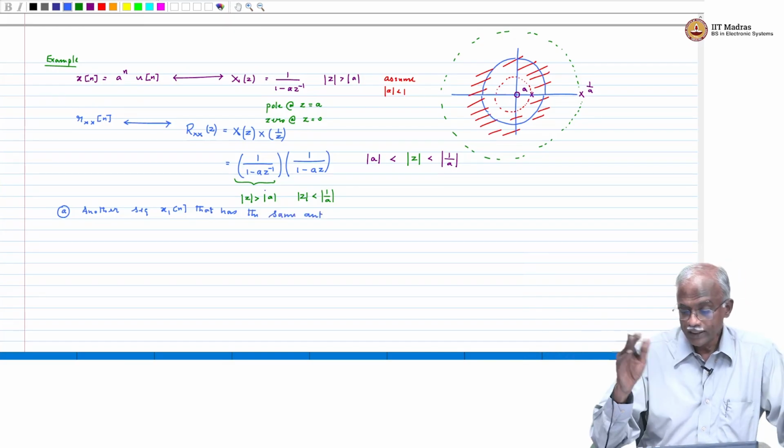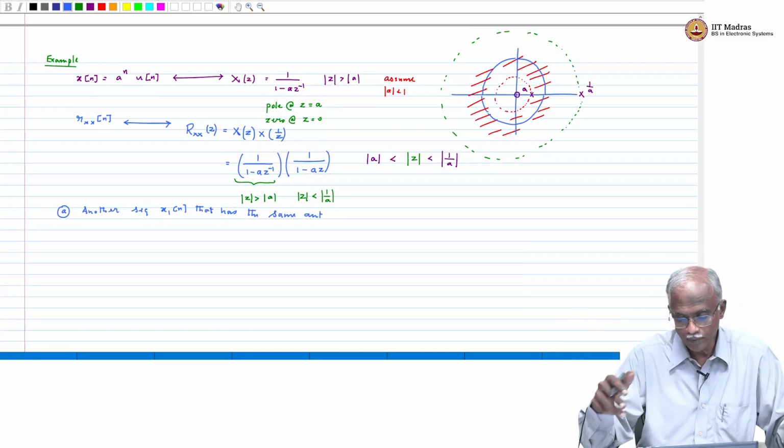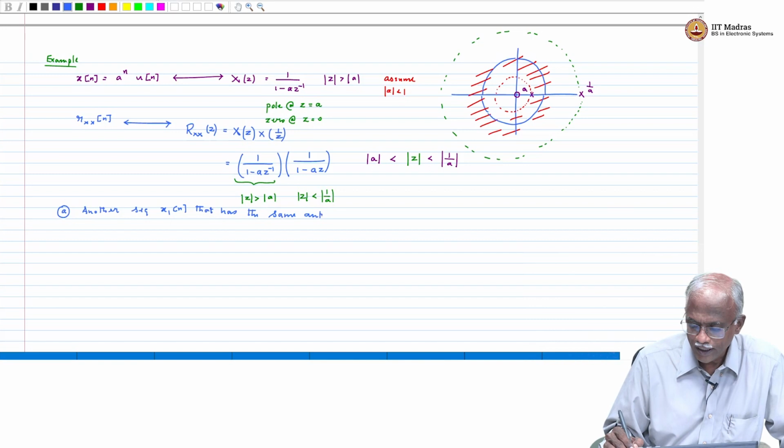I want R xx of z to be equal to 1 over 1 minus a z inverse times 1 over 1 minus a z. Same autocorrelation sequence.